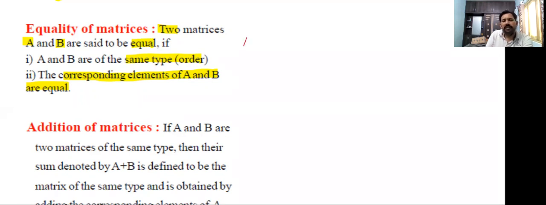For suppose, see here, A is equal to [a, b; c, d]. This is one matrix, a 2 by 2 matrix. Next, take the B matrix: 1, 2, 3, 4. This is also a 2 by 2 matrix. The two matrices have the same order, so the first condition is satisfied.